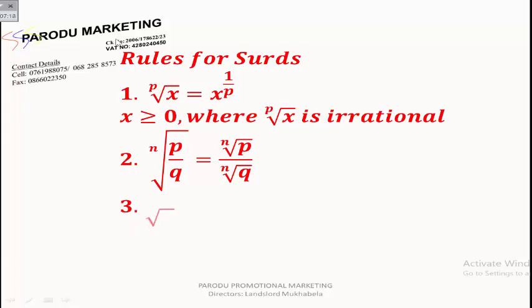Now we're carrying right along, where you have again a case where the root is the same, which is p. Now you multiply the square roots in this case and you keep the p. And those are your rules for surds, right?